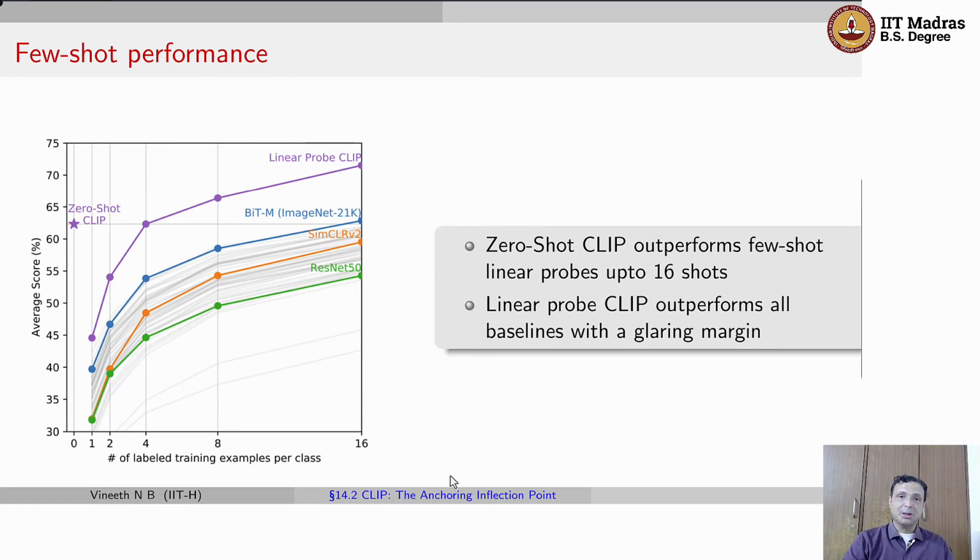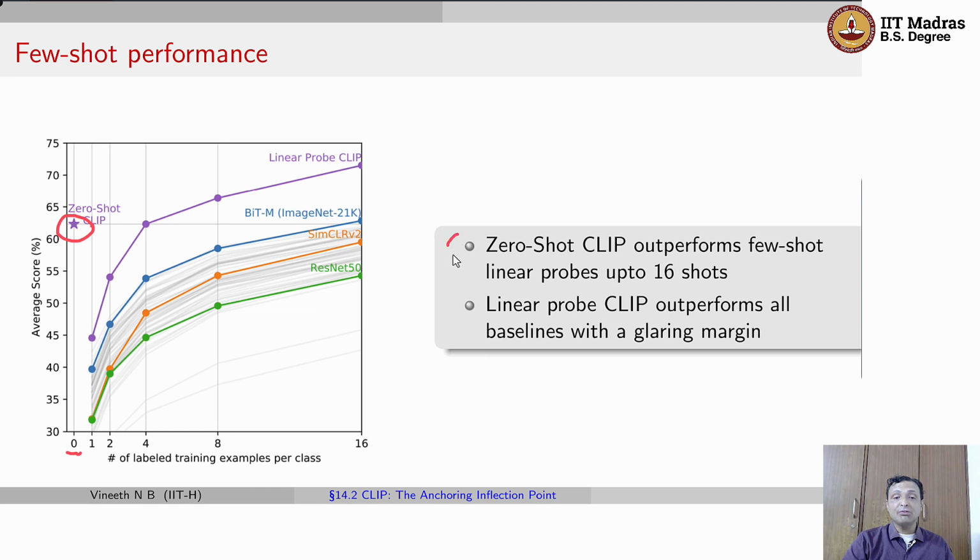Here are their experiments on the few shot learning performance of CLIP as compared to its zero shot performance. You see here that the zero shot performance of CLIP is right here, where it takes 0 samples from each of the zero shot classes.